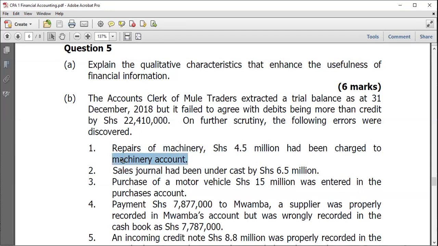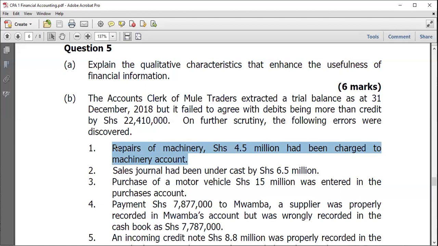We only charge to the asset account when we are buying a new asset or we are disposing of the asset. You get it? So if this accountant went ahead and recorded repairs of machinery in the asset account, rather than opening up a repairs of machinery account, then this error is an error of principle.